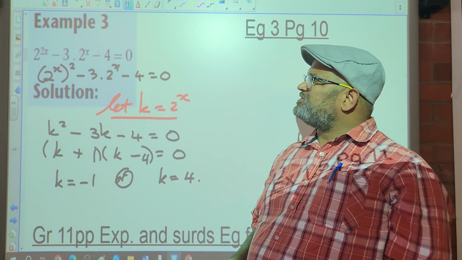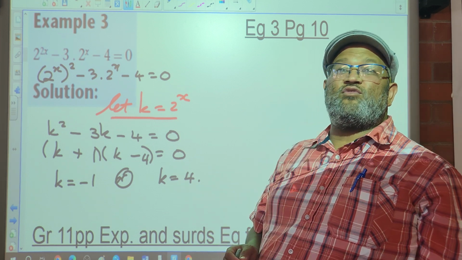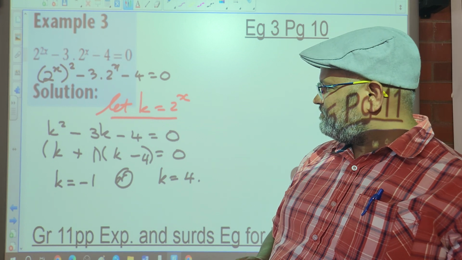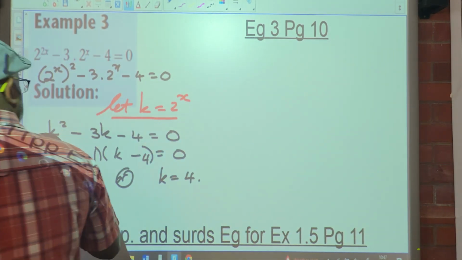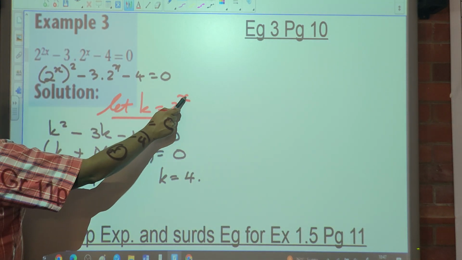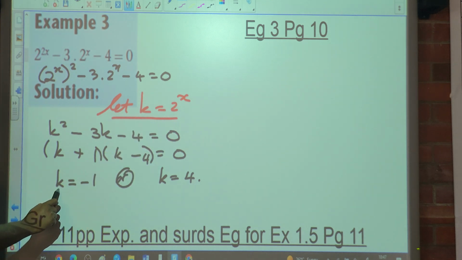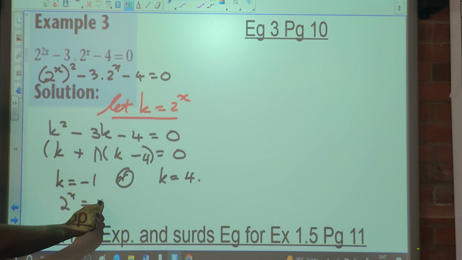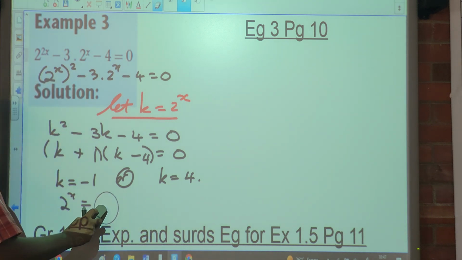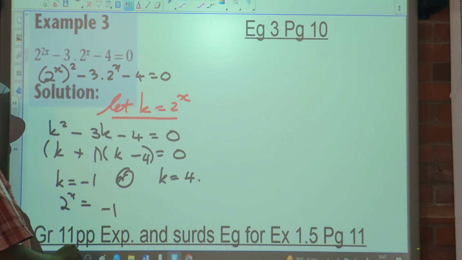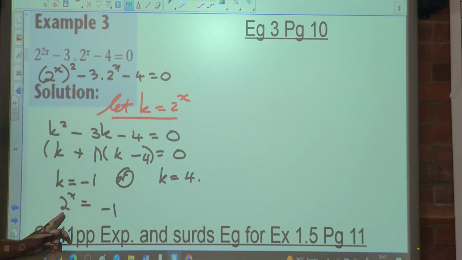But we haven't answered the question. The question was to solve for x. So now 2 to the x is k. So I replace k with 2 to the x equal to negative 1. So, is this possible? Can I solve for x here?